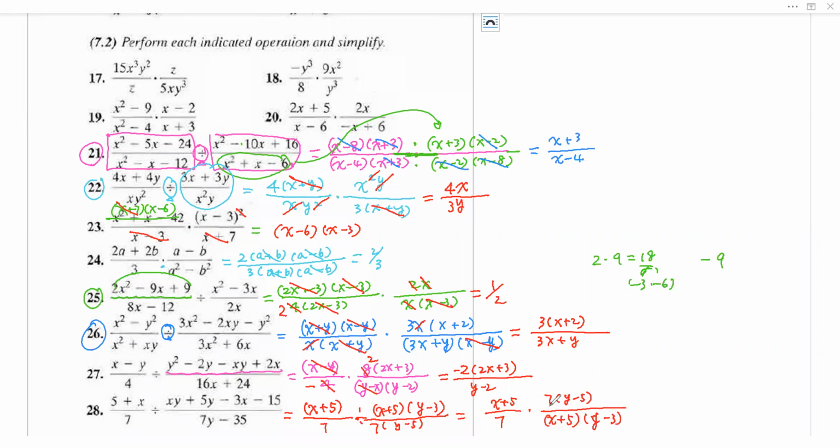I need to zoom in, make sure you guys can see it. I'm sorry for that. So let's factor out first right now. 7, x plus 5, x plus 5. So finally what is left is this part, right?